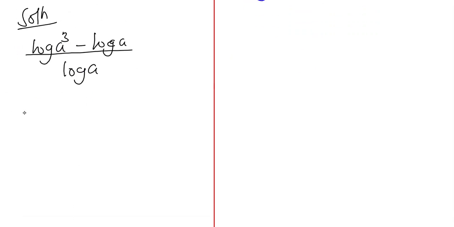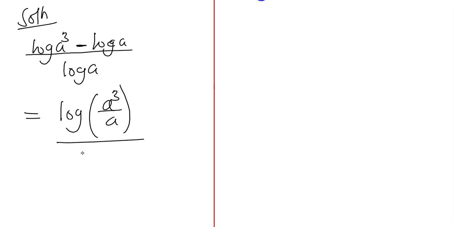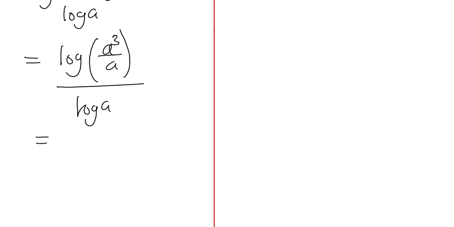Now we can see that the numerator, since they all have the same base and they are subtracting, we can write it as a single log by dividing the argument. That is logarithm of a cubed divided by a, and then at this denominator we have logarithm of a here. Now we ask ourselves what can be done.